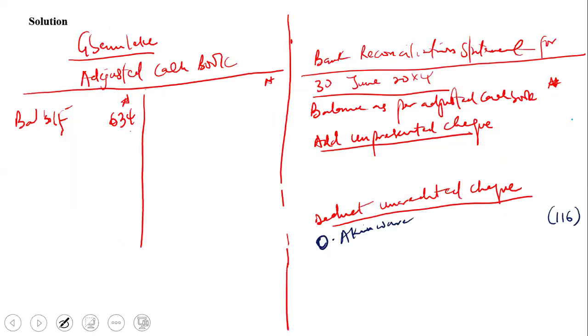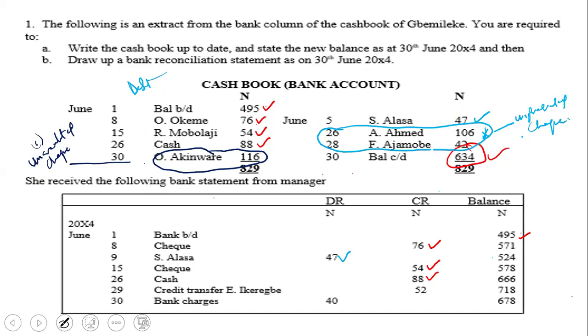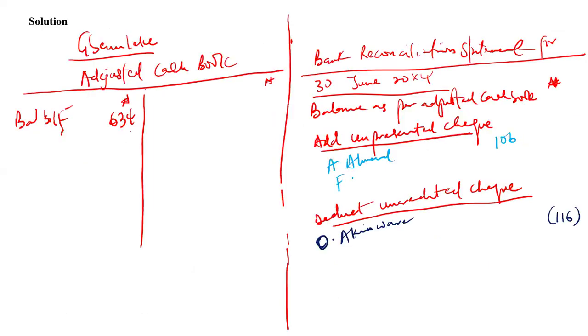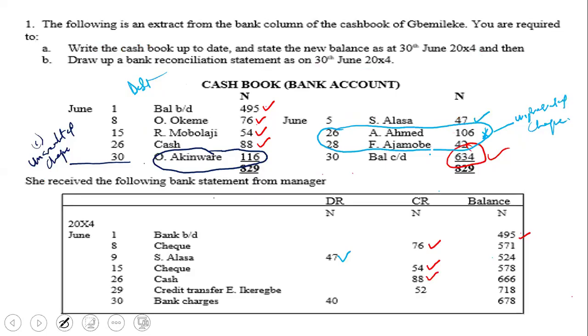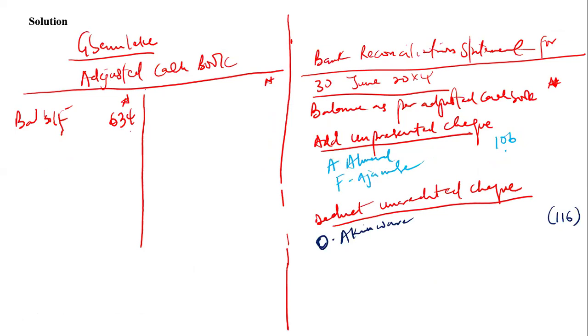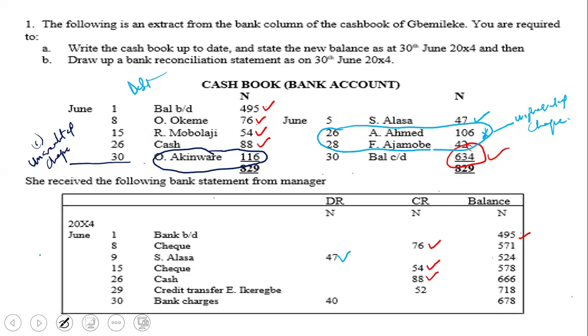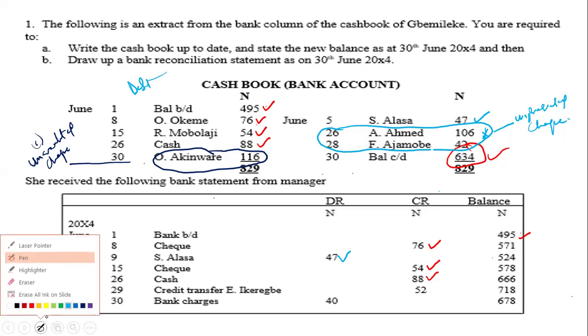A. Ahmed, 106. We have F. Ajamobi, 42. Okay.